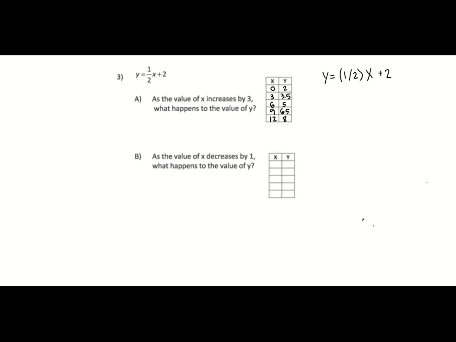From 2 to 3.5, we are adding 1/2. Then to get from 3.5 to 5, we add 1/2, add 1/2 to get to 6.5, and to 8. So our y increases by 1.5.